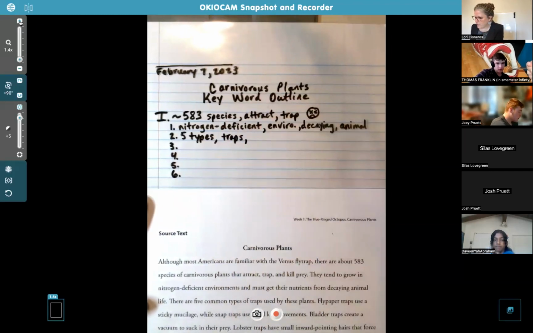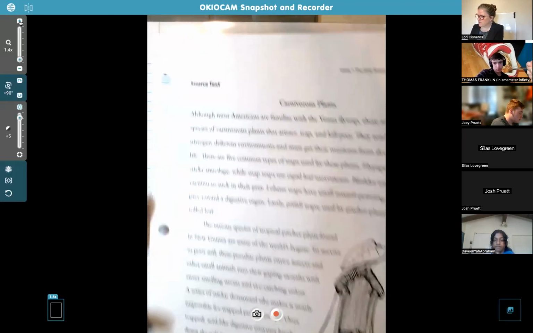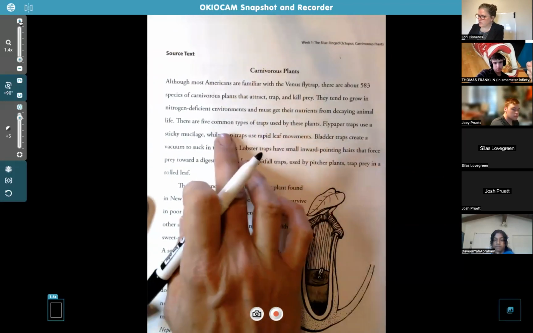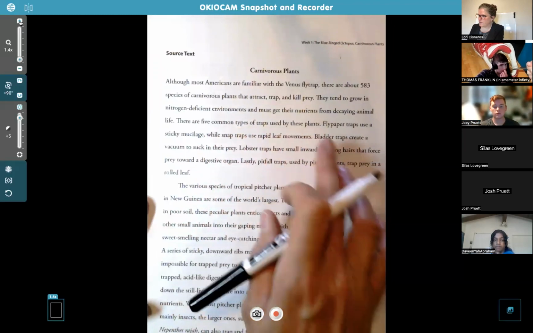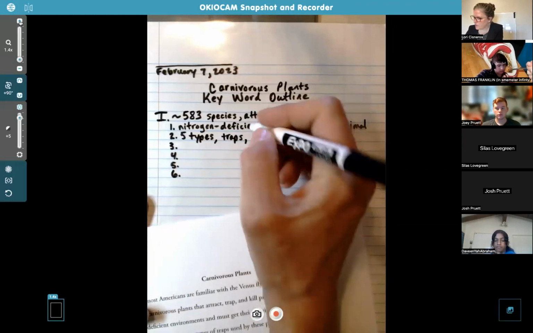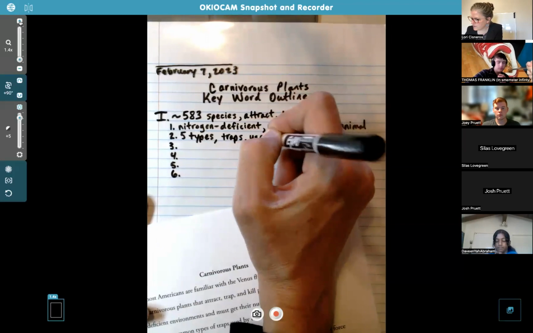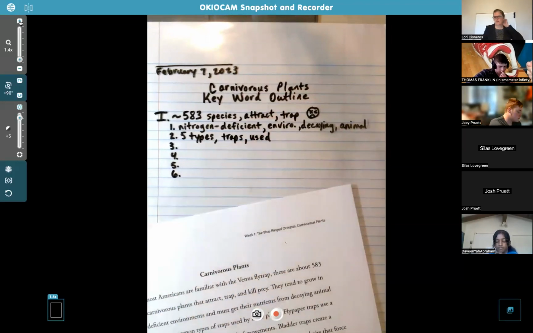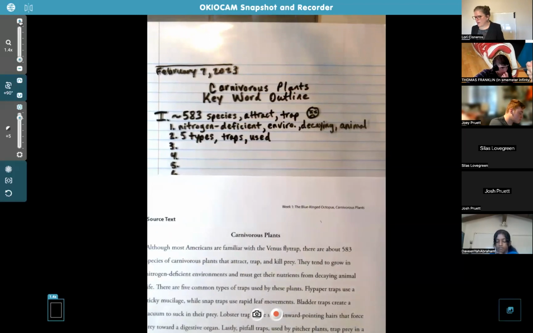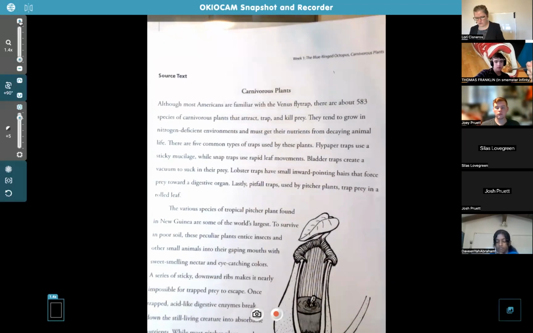And I'm wondering about the word used. Used by these plants. So there are 5 common types of traps used by these plants. So what if we put used? Do you agree with that, Thomas? 5 types traps used. That'll help us.